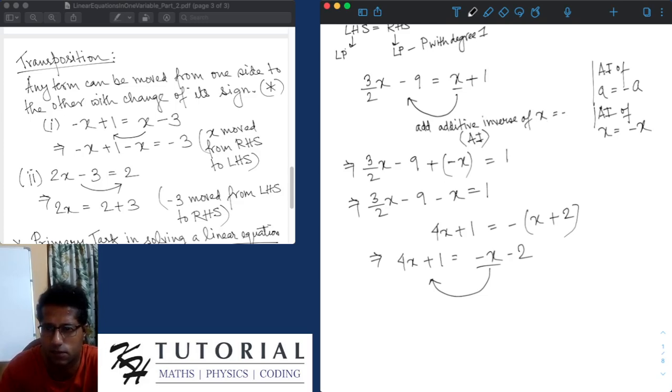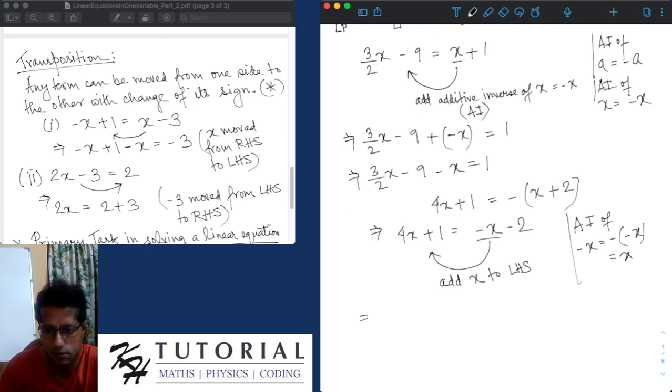The additive inverse of minus x is minus of minus x, and we know this is x. So add x to the LHS.